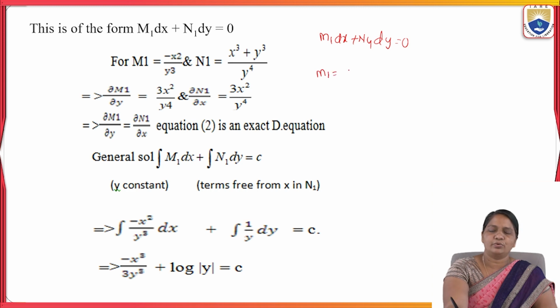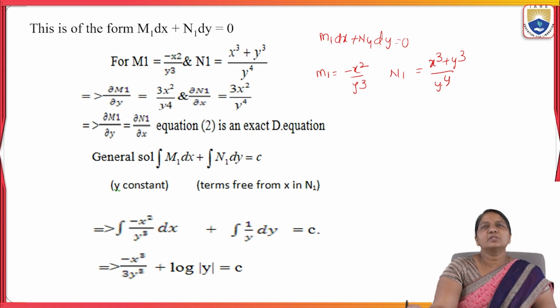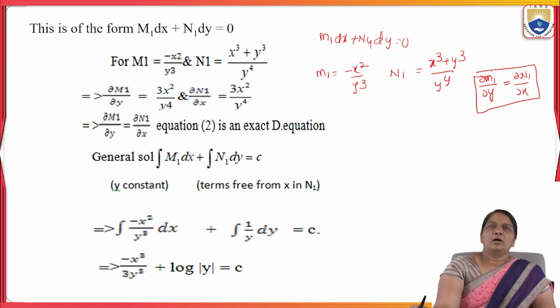So m1 equal to minus x square by y cube and n1 value is x cube plus y cube by y power 4. After this, we are going to check whether dou m1 by dou y is equal to dou n1 by dou x. Then we can say that the equation is an exact differential equation. Then we can find the general solution here.